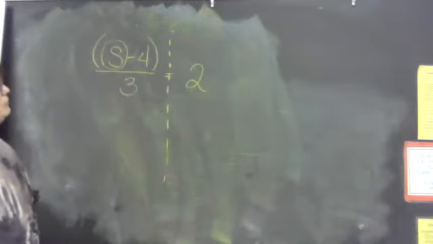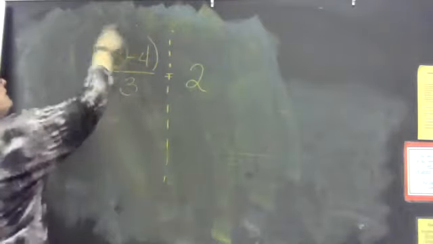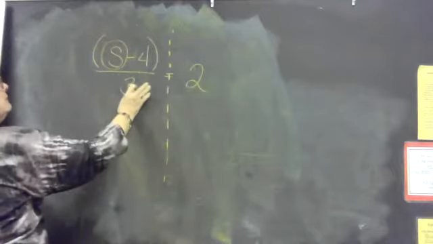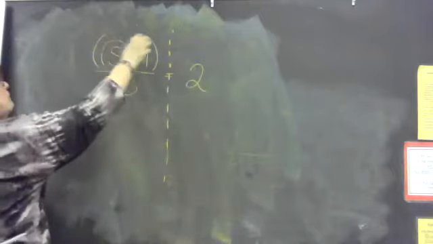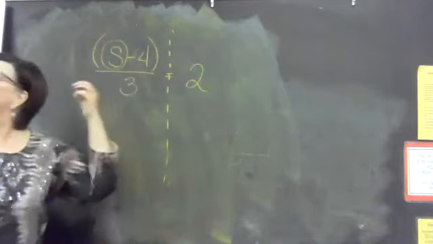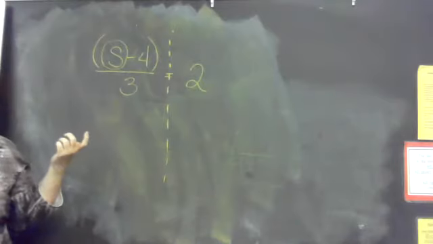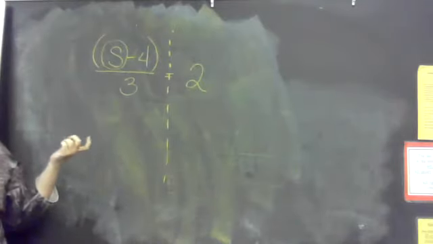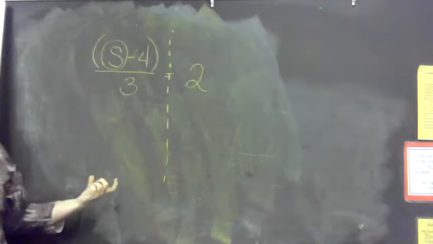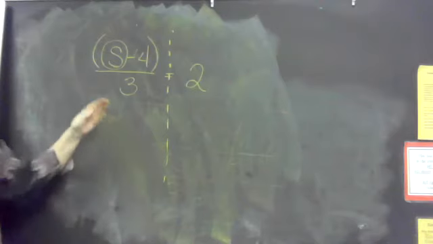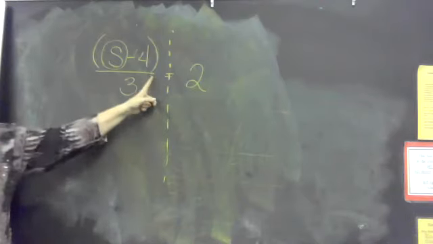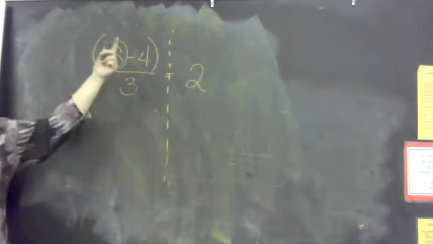Even though it doesn't have a parentheses, if it's something in a fraction, either on the top or the bottom, it may not have parentheses, but it is a set, which means it's parentheses. And if you go backwards on the PEMDAS, that means you have to do the divide or multiply before the parentheses.